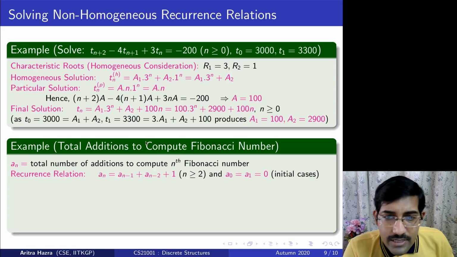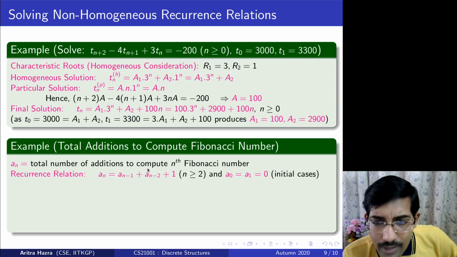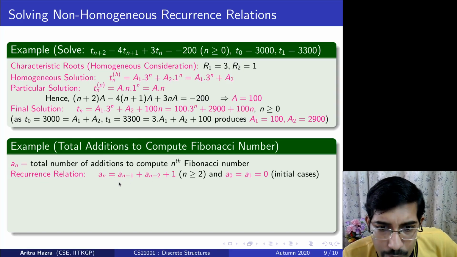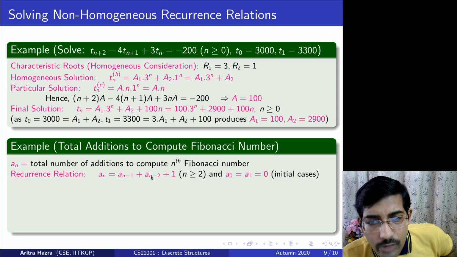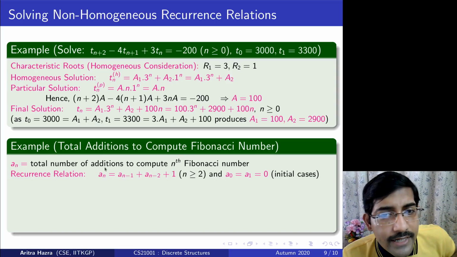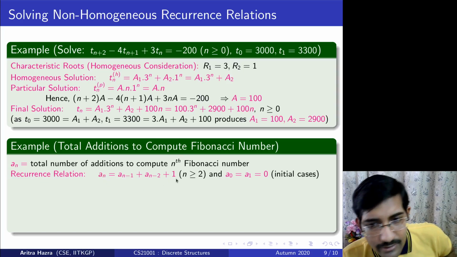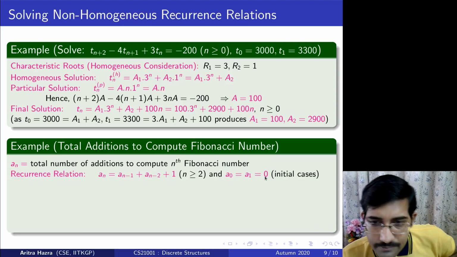It is simple as per the equation, an equal to an-1 plus an-2: computing the number of additions in Fibonacci number n-1, computing the number of additions in Fibonacci number n-2, plus the final addition to get my Fibonacci number n. And for 0 and 1, my base Fibonacci numbers, I do not need any addition. I have direct answers for them.